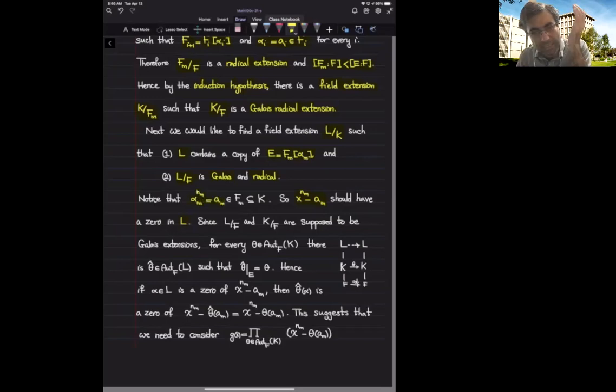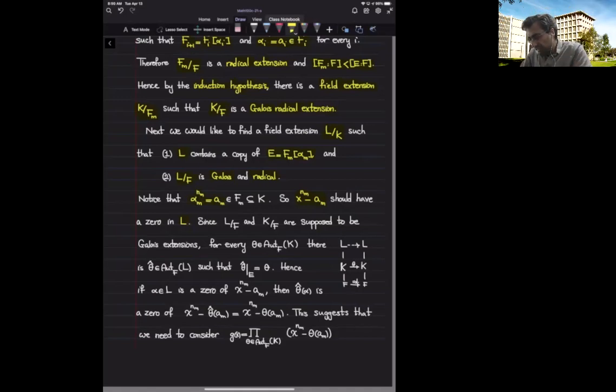So in order to be safe, we need to include all the zeros of this polynomial inside L. So this L needs to have all the copies of zeros of that. But at the same time, it's supposed to be a Galois extension over F.